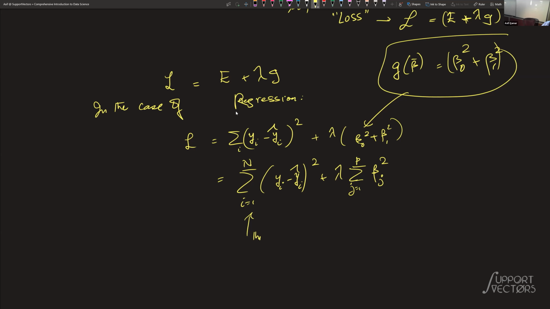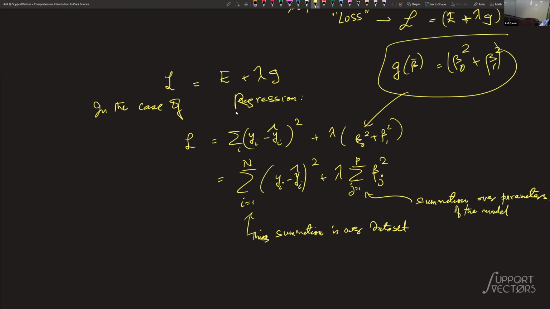This first summation is over the data set, and this summation is over the parameters of the model.